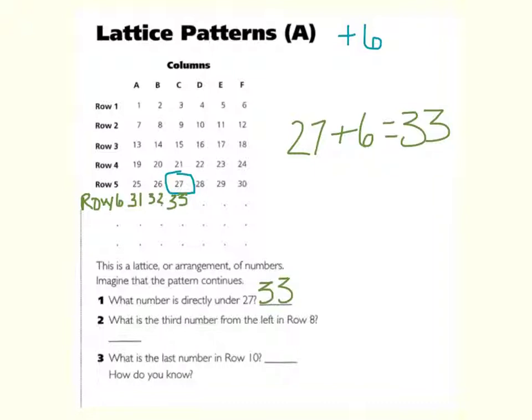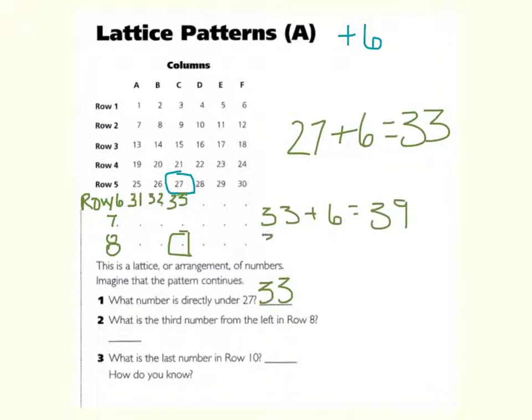If we then look at number 2, it says, what is the third number from the left in row 8? So let's label this row 7 and this row 8. The third number from the left would be right here, which is also under 27, or also in column C. So if we continue with that rule of plus 6, in row 7 that number would be 33 plus 6, which is 39.